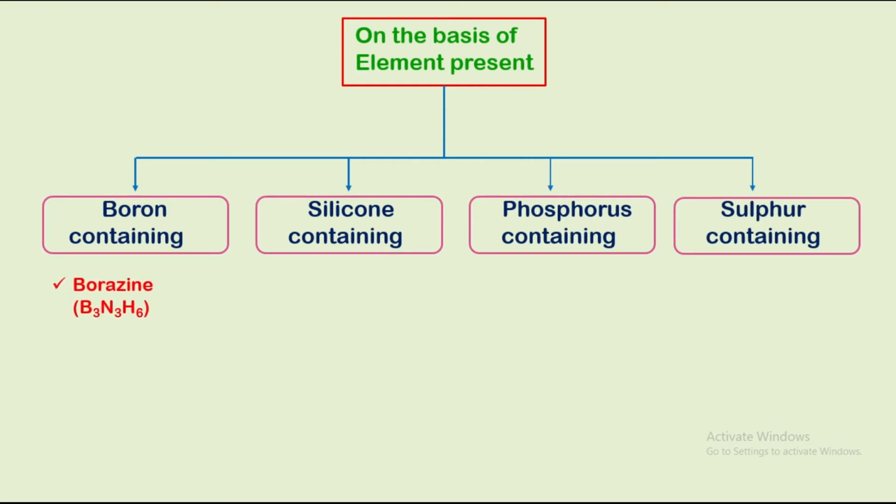The example of a boron-containing polymer is borazine, which is also known as inorganic benzene.